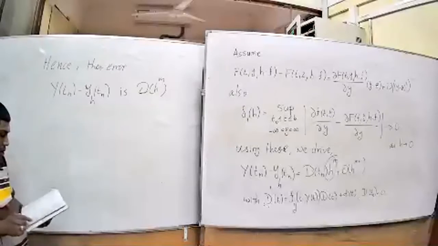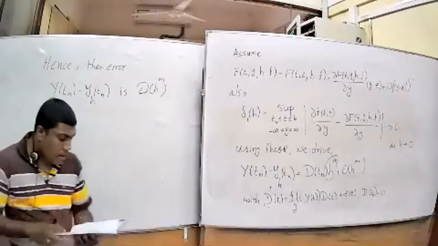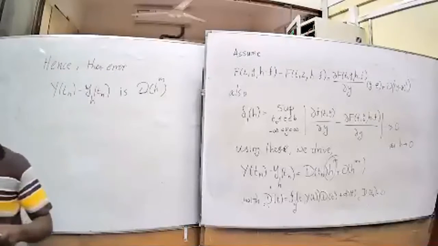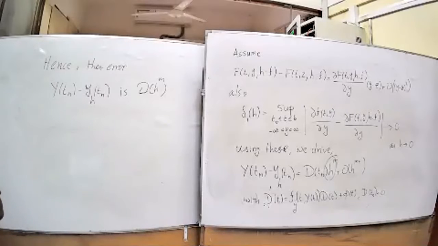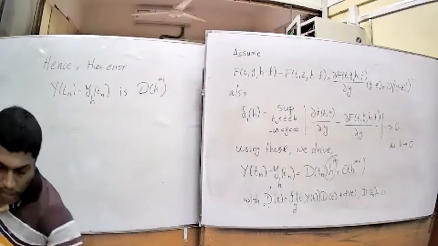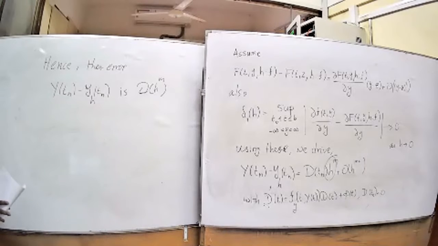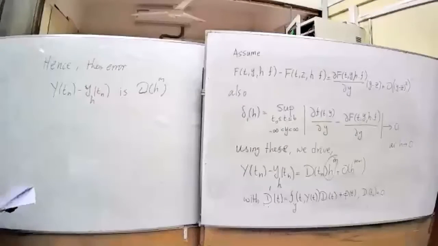Okay, so this is what we need to learn about Runge-Kutta methods. These are explicit Runge-Kutta methods. At the same time, we can have implicit Runge-Kutta methods as well. In the implicit Runge-Kutta methods, you will have y n plus 1 on both sides of the formula, whereas in the explicit case you have yn on one side and yn plus 1 on the other.